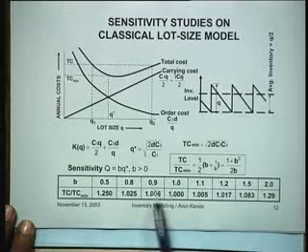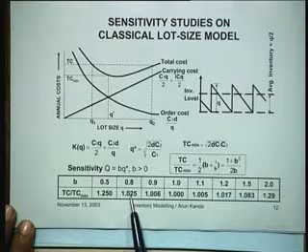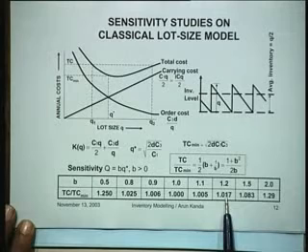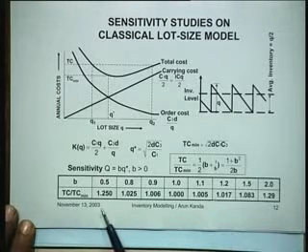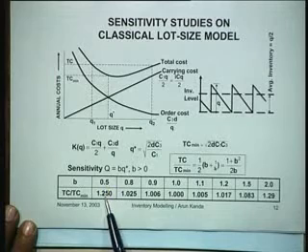Now you can do it for say 2 intervals. If you decrease it by 20%, the cost has increased by 2.5%, and here the cost has increased only by 1.7%.